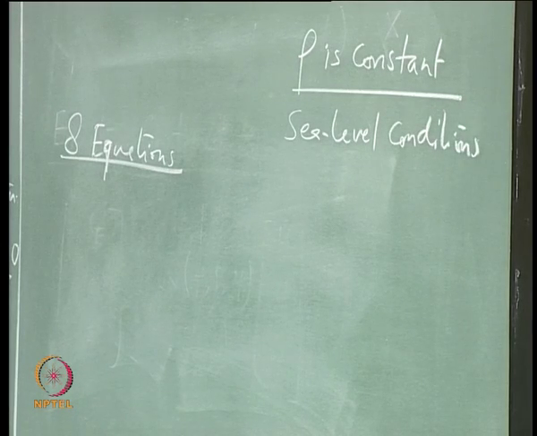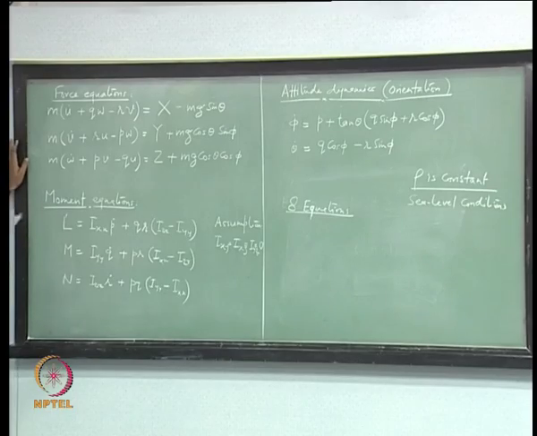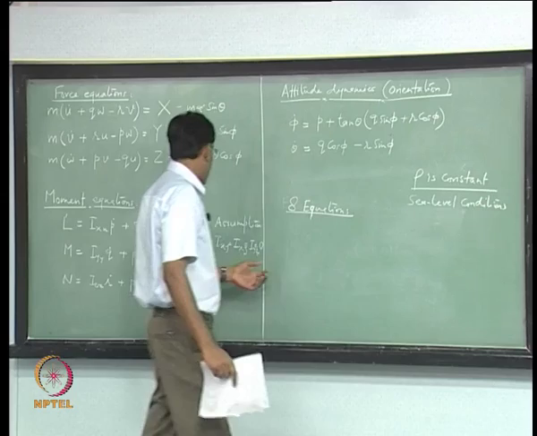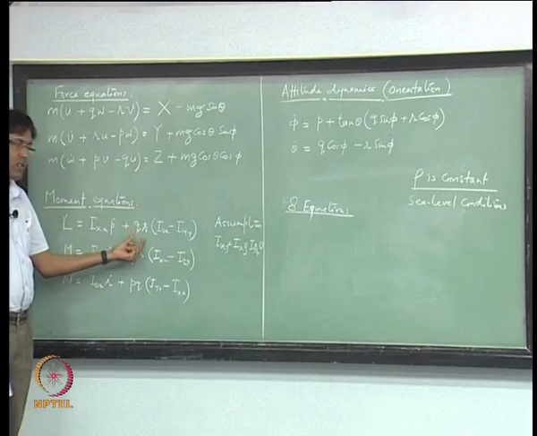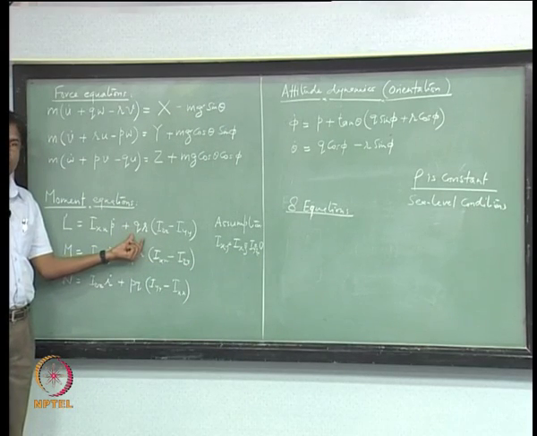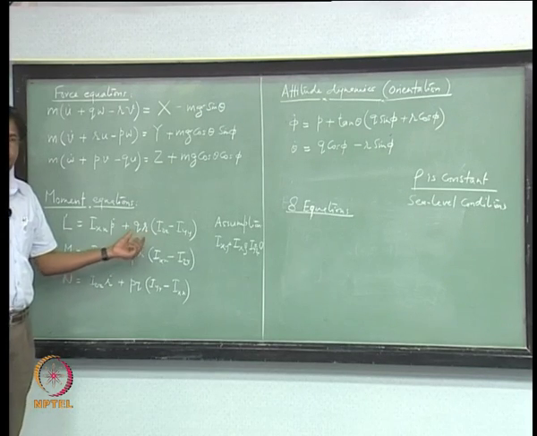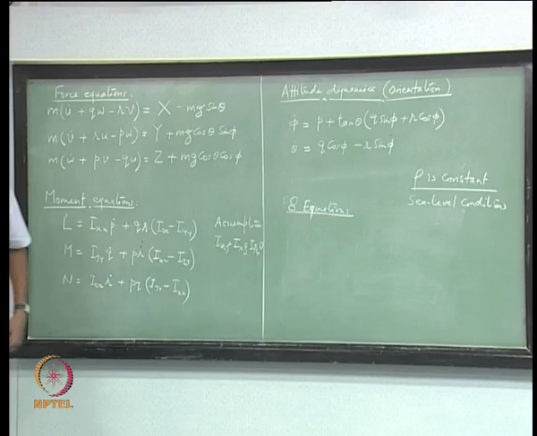So, we already looked at the direct nonlinearities because of these trigonometric terms and also because of the product of variables, right. Any other nonlinearity you see in these equations?